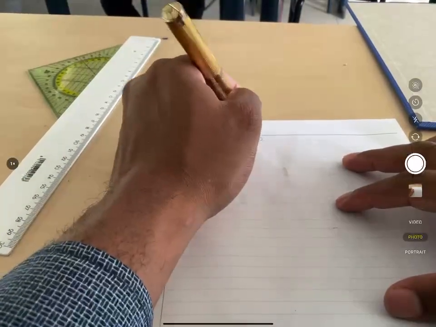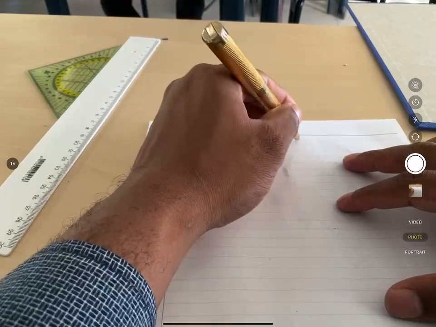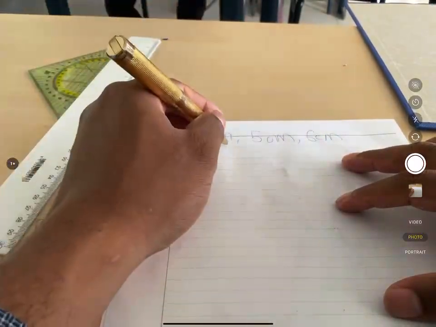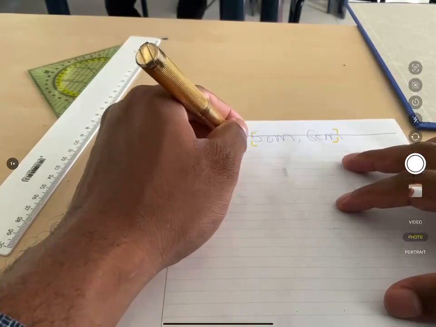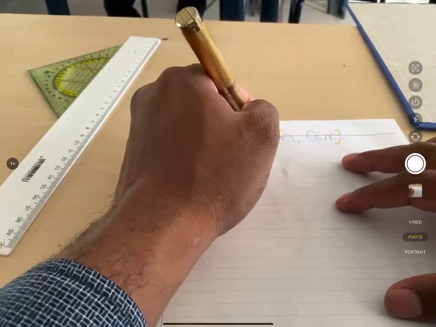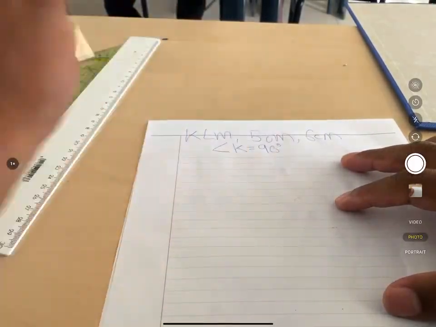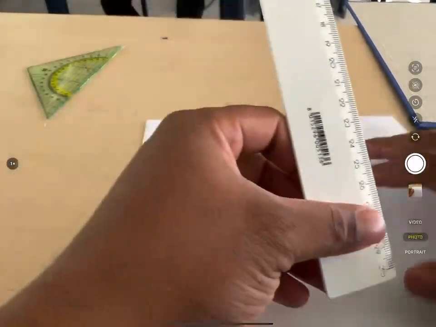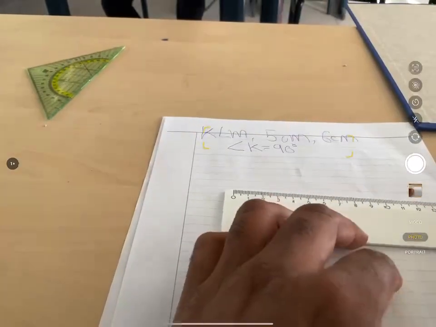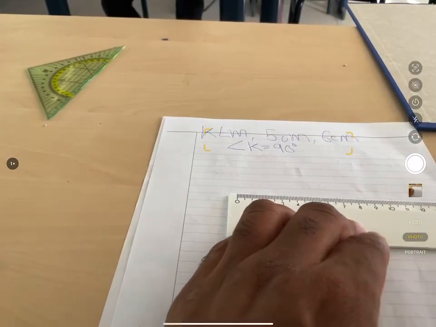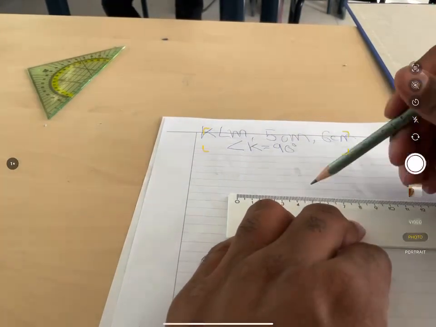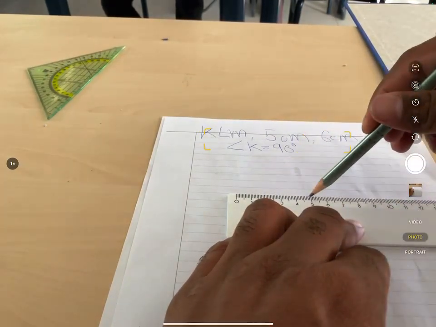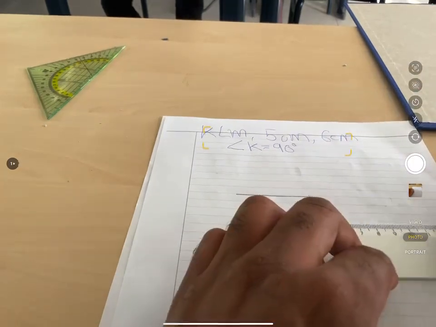We said 5 centimeters always, and then 6 centimeters. Angle of K, 90 degrees. So, how do you always start? With the horizontal line being 5 centimeters. We stick to the same pattern. 5 centimeters.